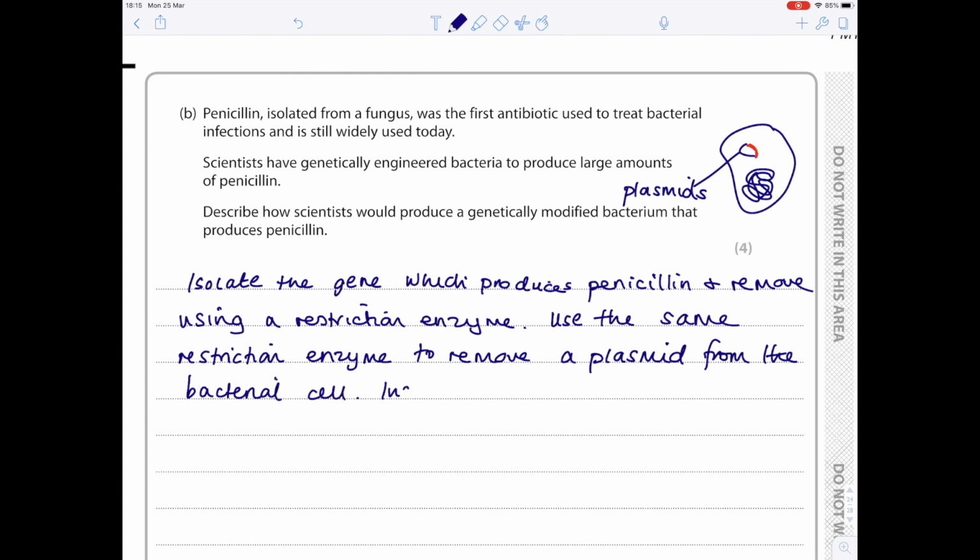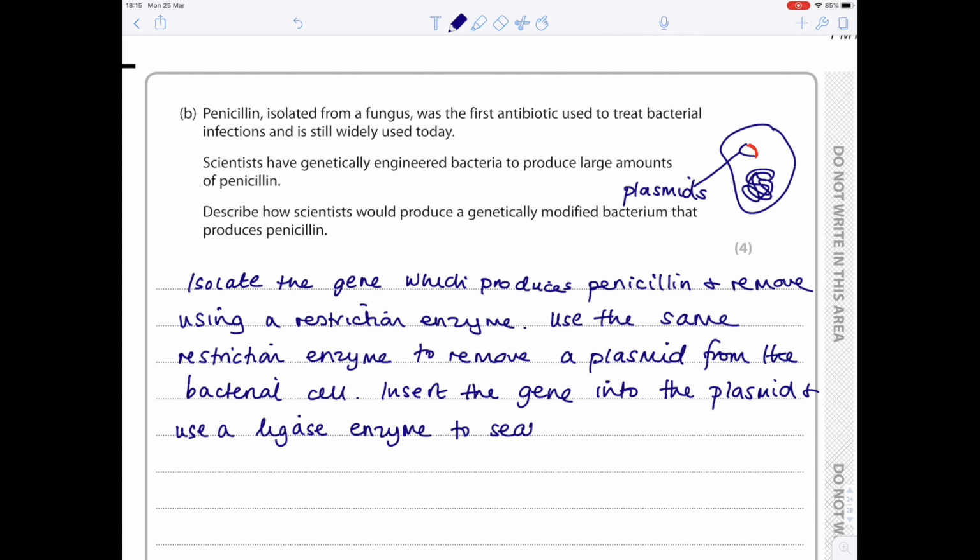Next up, you want to insert the gene into the plasmid and use a different enzyme called a ligase enzyme to seal the plasmid.